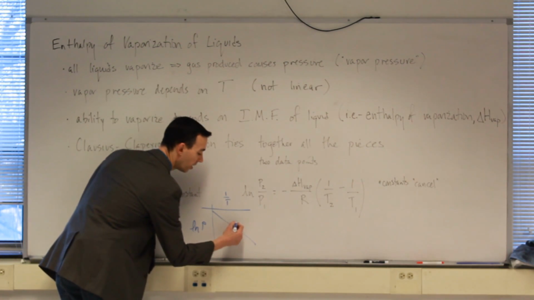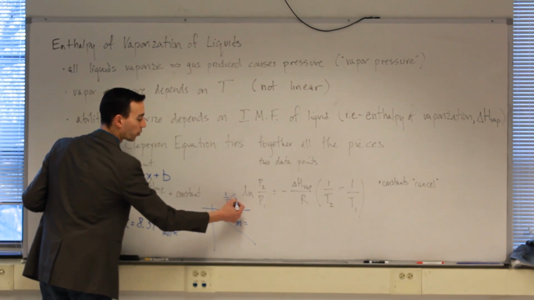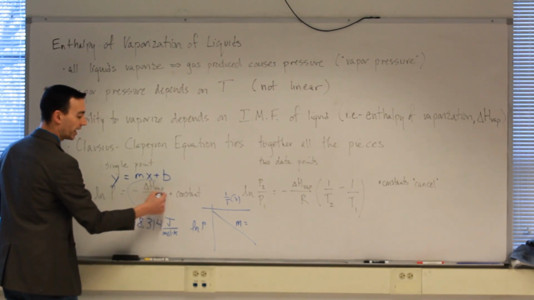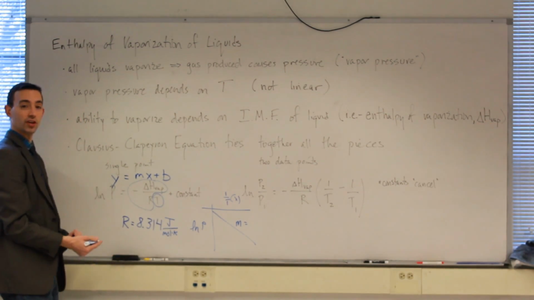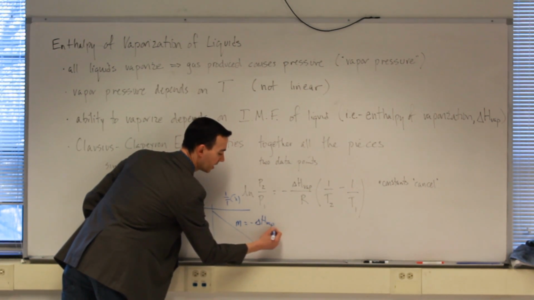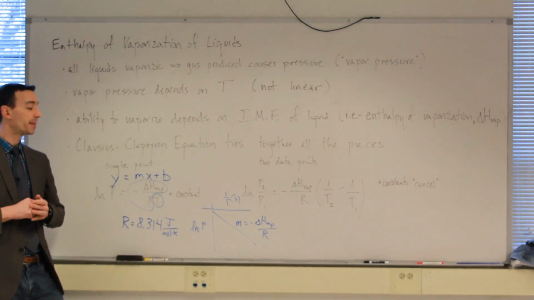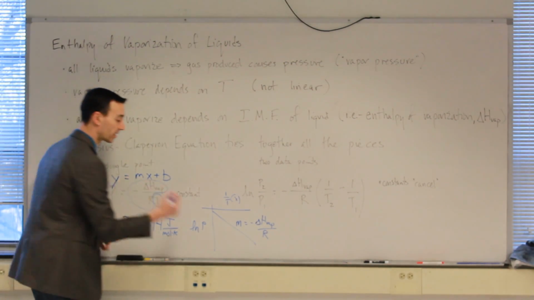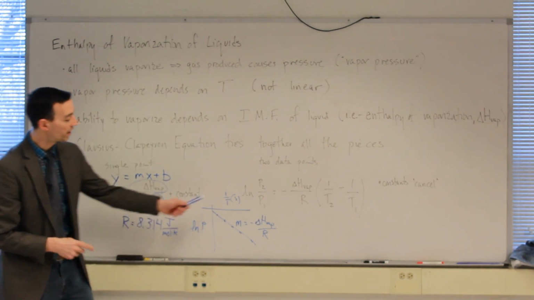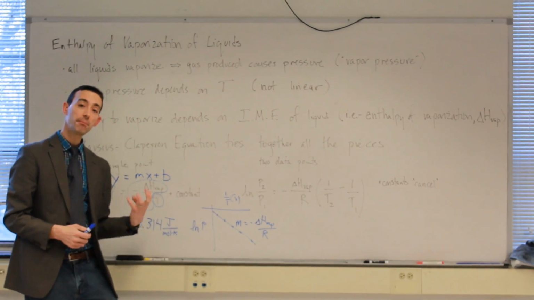The slope of this line, the m part, since x is 1 over T, is the rest of this product that we're looking at right there, or negative delta H vap over R. So if we have a lot of vapor pressure data, we can make a graph of the logarithm of pressure versus the 1 over temperature values, put a straight line through it, and get the number for the slope.